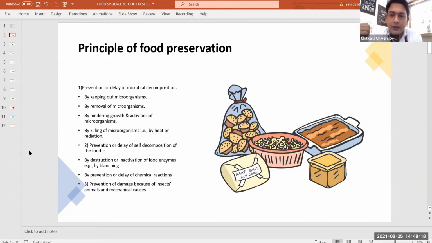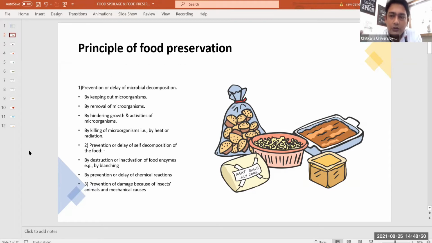From our side, preventive measures should be taken so that there is no microbial decomposition of the food. That can be done by keeping the microorganisms away, keeping the food and meat product at a place where microorganisms will not be able to attack, and also by removal of microorganisms. If by chance microorganisms are on the food product, we need to remove them.